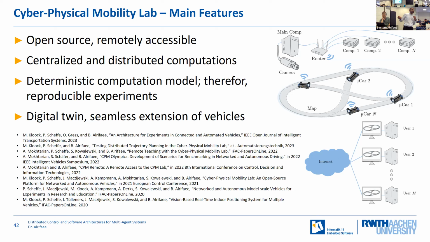And if we have deterministic computations, then we have reproducible experiments. And also we have a digital twin of our system, so we can seamlessly extend the number of agents in our system using simulations. So an agent doesn't know if it exists in reality or virtually, because of the digital twin.